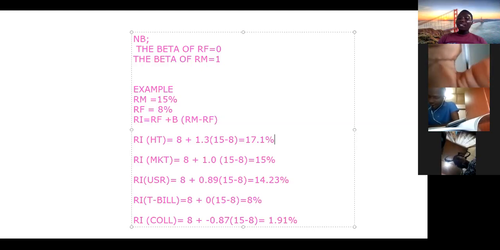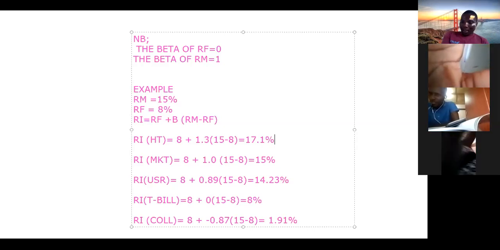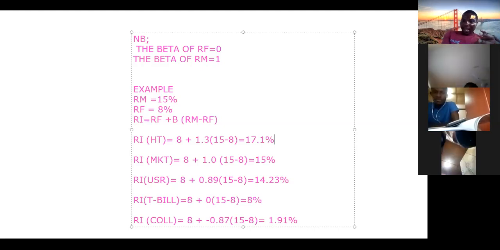I was asking William to tell us, looking at the question, the market return and then the risk-free rate of return. William said that the market return is 15% and the risk-free rate is 8%. I asked why he picked 15 and 8, and why not 17 and 13. He said that because the beta of the market return is always 1, then automatically the 15 becomes the market return.